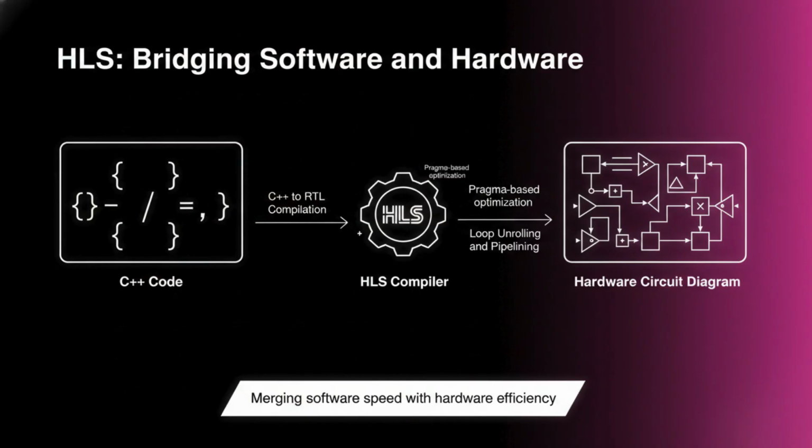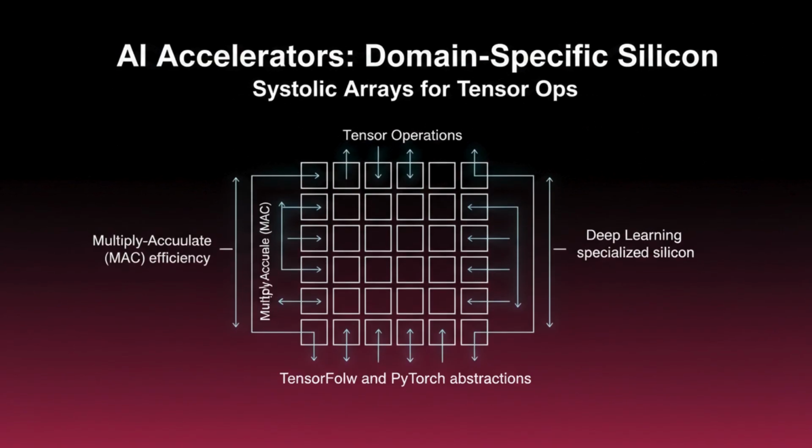This abstraction allows software architects to iterate quickly, using pragmas to guide the compiler on loop unrolling and pipelining. However, mastering HLS requires a shift in mindset. You are no longer thinking about when a line of code executes, but where it exists in physical space on the silicon.